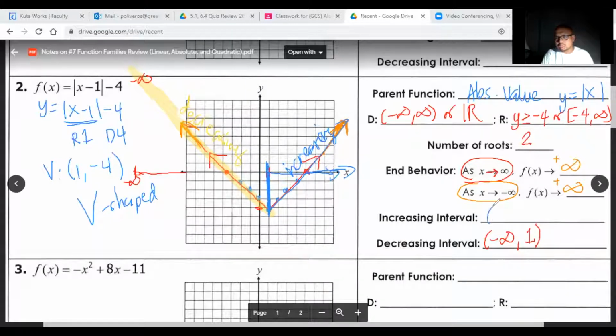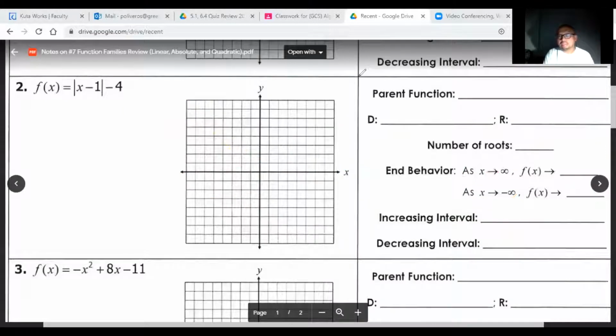So it starts from 1 to the positive infinity, it increases, okay? And if you notice, every time you look for the interval of increasing, decreasing, you are describing the interval along the x-axis. The y value tells you if it's increasing, decreasing, but the interval should go on the x values, okay? That's how you read it.